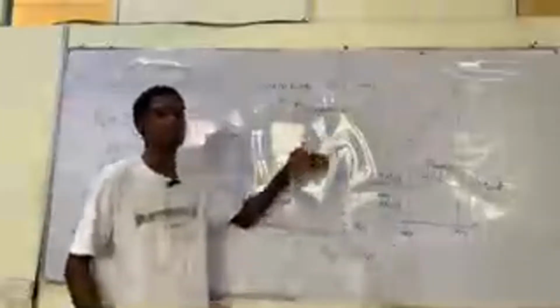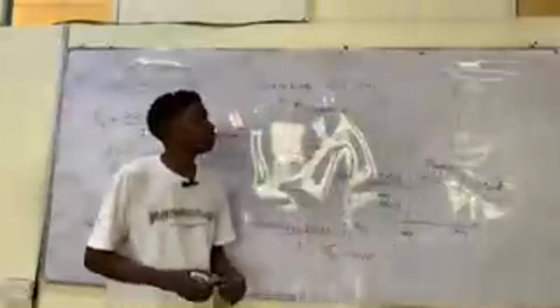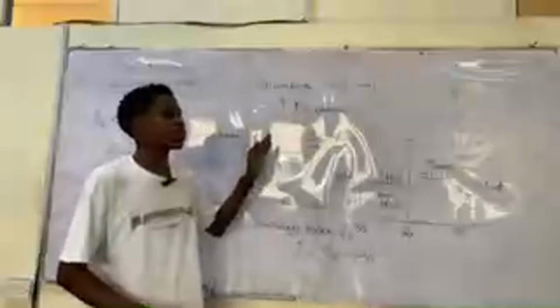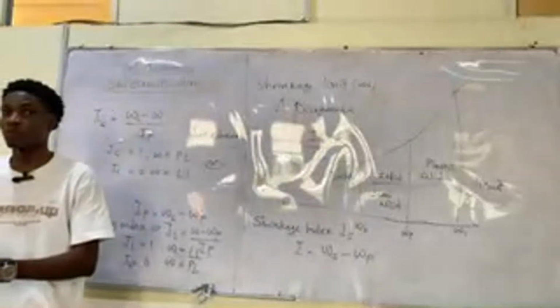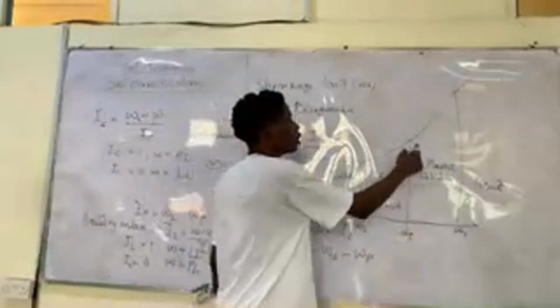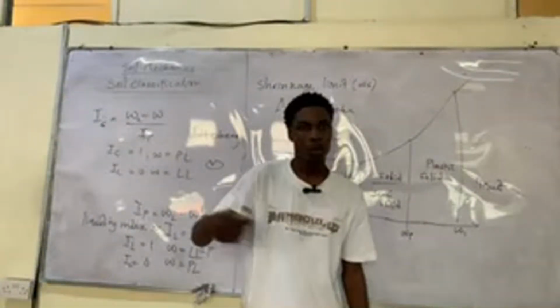In sieve analysis, you have a semi-logarithm graph. This one also, we're going to plot on a semi-logarithm graph. So this flow index considers the water content of that soil against the number of blows you would have.